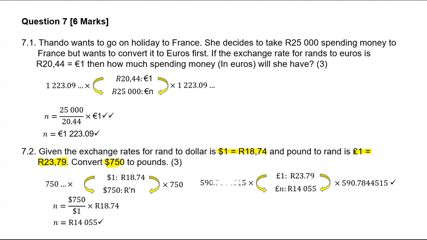So I'll multiply the first part as well by 590,78, and it'll give me the value that I need in pounds, which will be 590.78. And this is all you needed to do. Let's move to the next question.